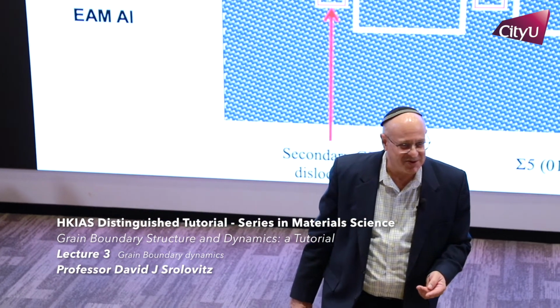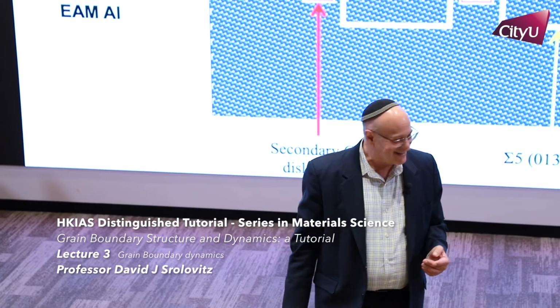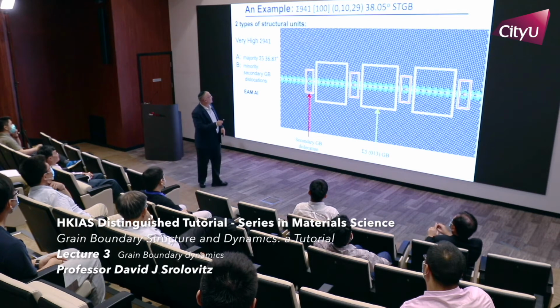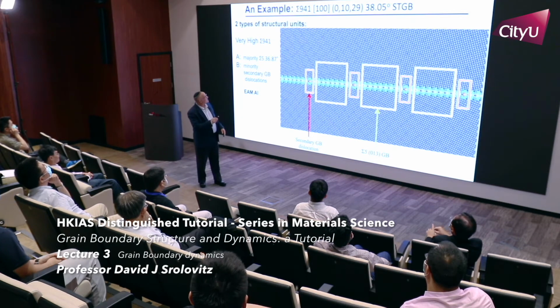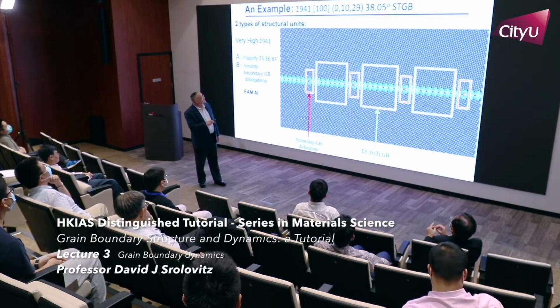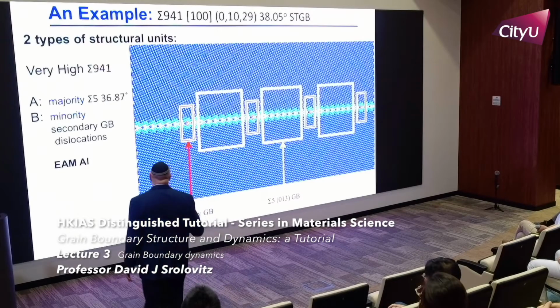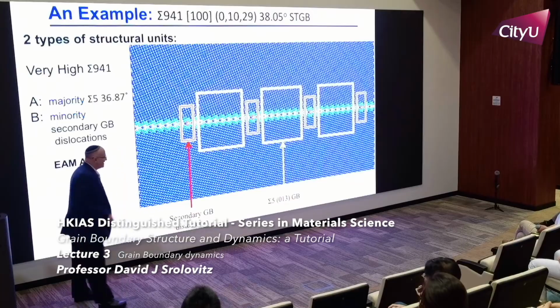Depends on what language you grew up with. Either way, the point is, even though it's not such a simple boundary, it's a sigma 941 on a 0, 10, 29 plane. Probably would not have been your first choice, right? But I pick it because it is complicated.